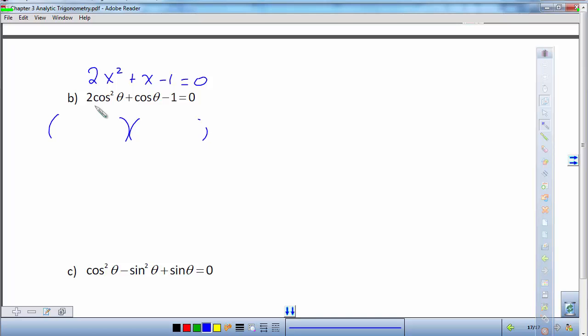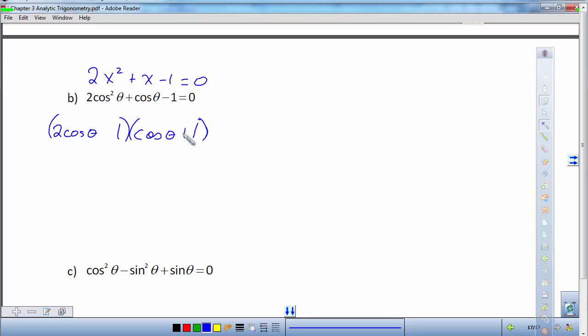Well, the first terms are going to have to be 2 cosine theta and 1 cosine theta, because the only factors of 2 are 1 and 2. And then the last term is going to have to be a what? In both of them, one of them is going to have to be positive, one's going to have to be negative. How do we decide which is which?